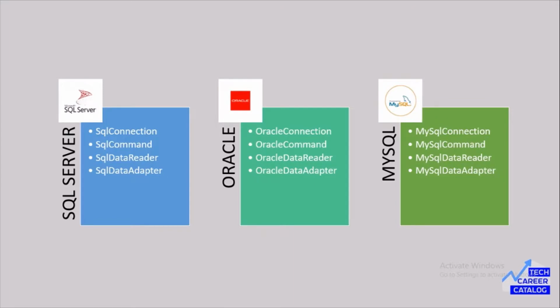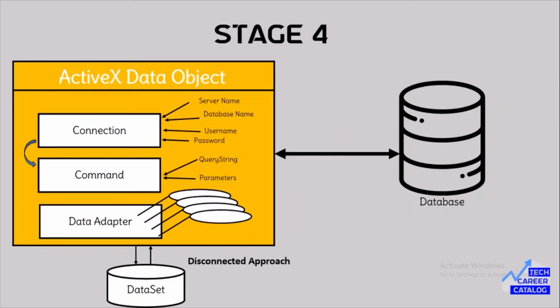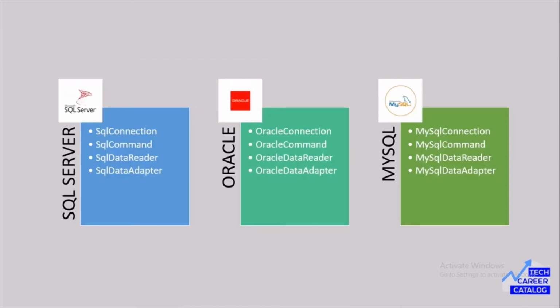But wait a second, there is one more object they have not mentioned here, that is the dataset. Dataset doesn't belong to any vendor, because it belongs to the .NET framework, which is in place outside, as you all can see. So a dataset is like a database, but provided by the .NET framework, where we pull out the data, keep it there and do the operations.